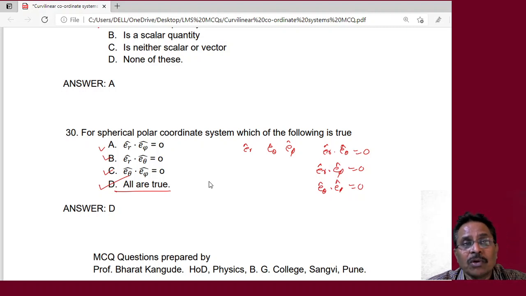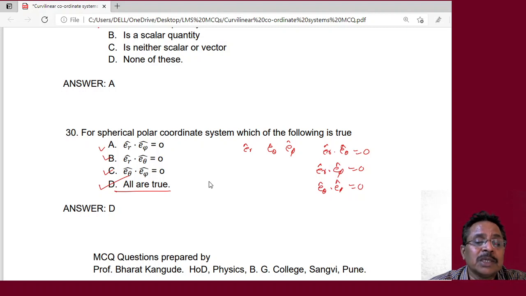Then go for h1, h2, h3, and then we can go for the unit vectors. Then it is very easy to write the length element, surface element and volume element, as well as gradient, divergence and curl, provided we know how these quantities are defined in the curvilinear coordinate system. Defining is different, and applying them to different coordinate systems is different. So do all these things.